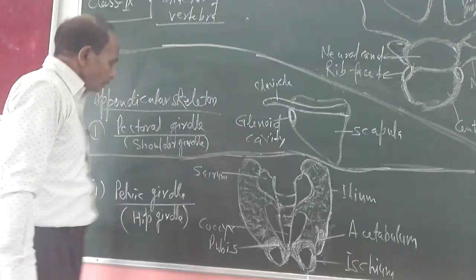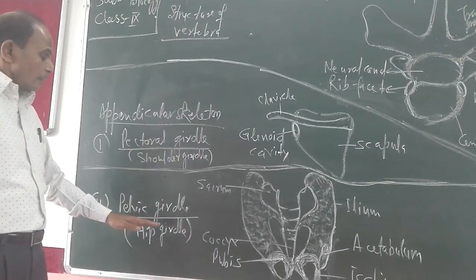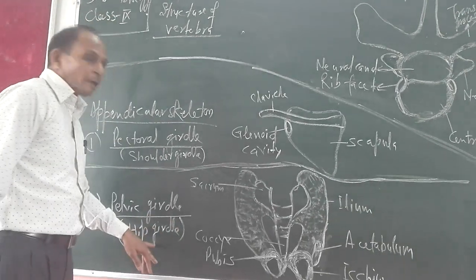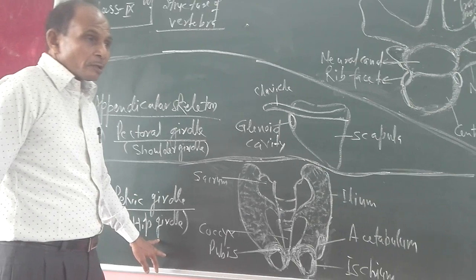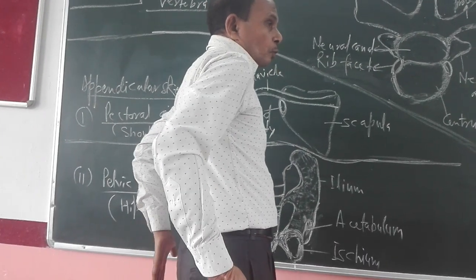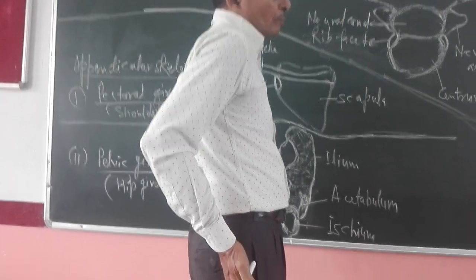Okay. Now, the second type of girdle is known as the pelvic girdle. The pelvic girdle is also known as the hip girdle, and it consists of two hip bones, right and left.